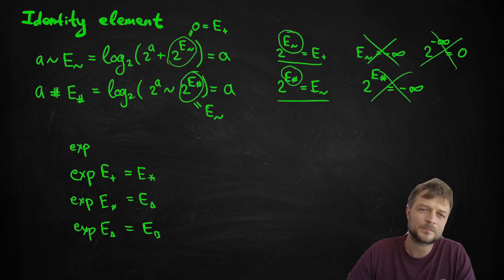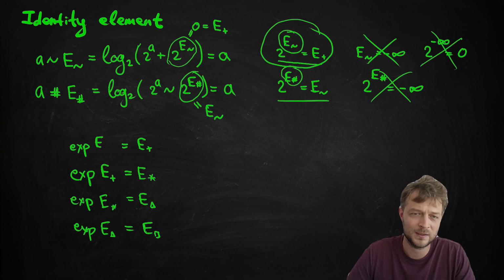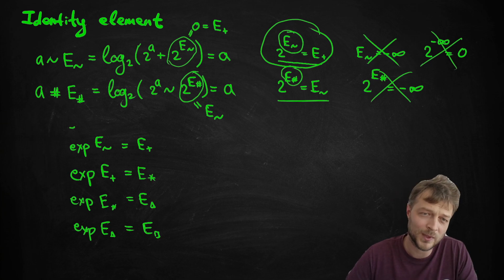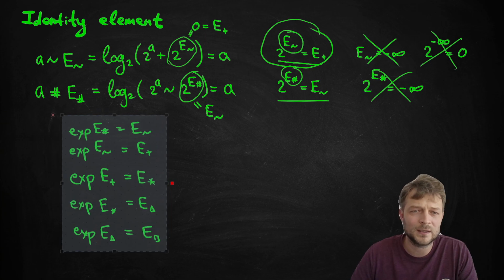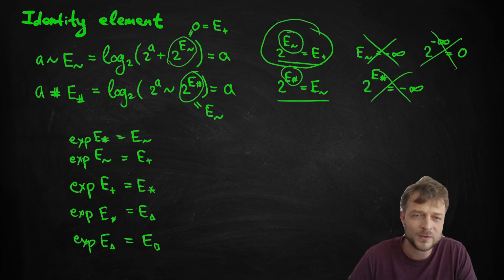So to get E plus, we just found that we need E tilde to be exponentiated, and so on. We can say that the exponent of E sharp is actually E tilde. Okay, this is the ladder of identity elements, and for some of these elements we have just notation.